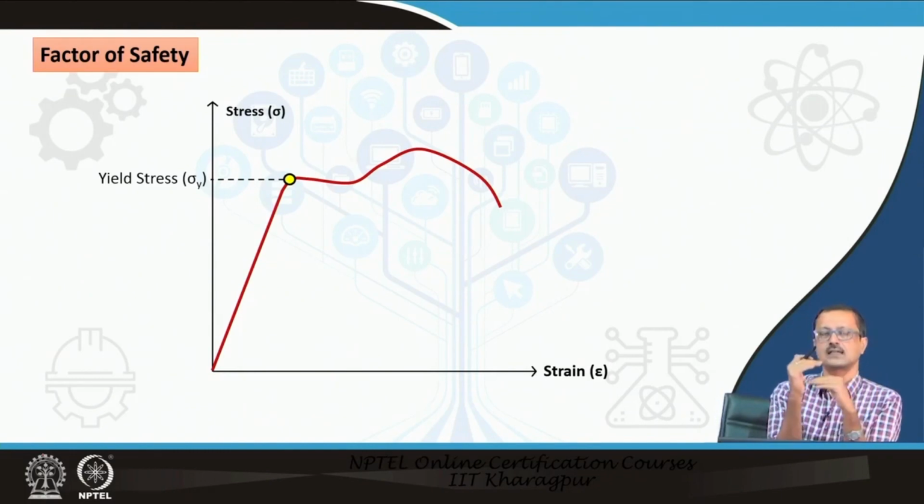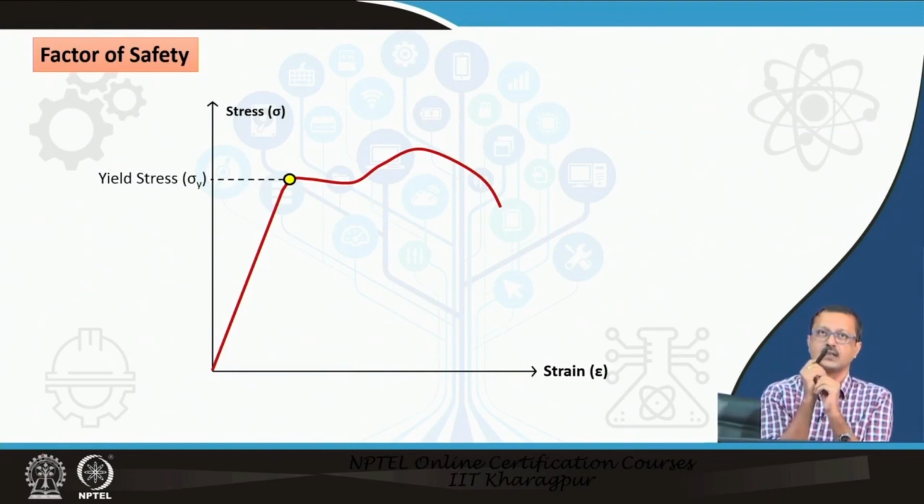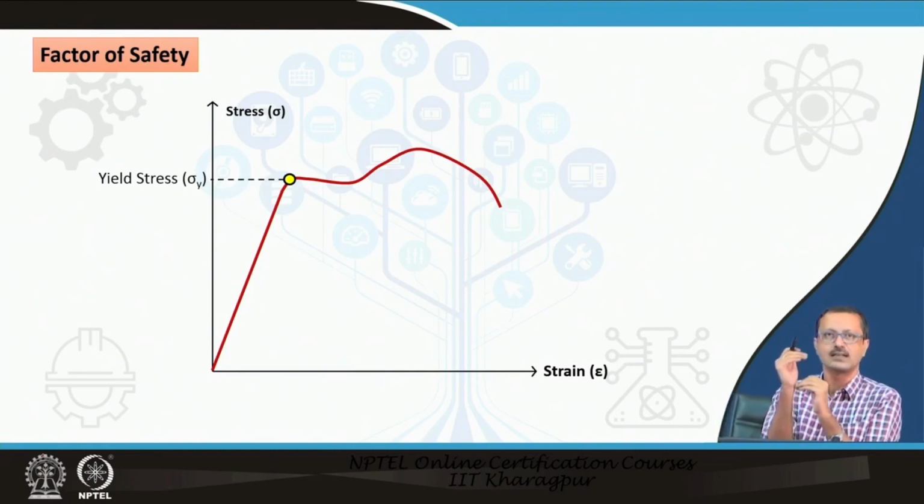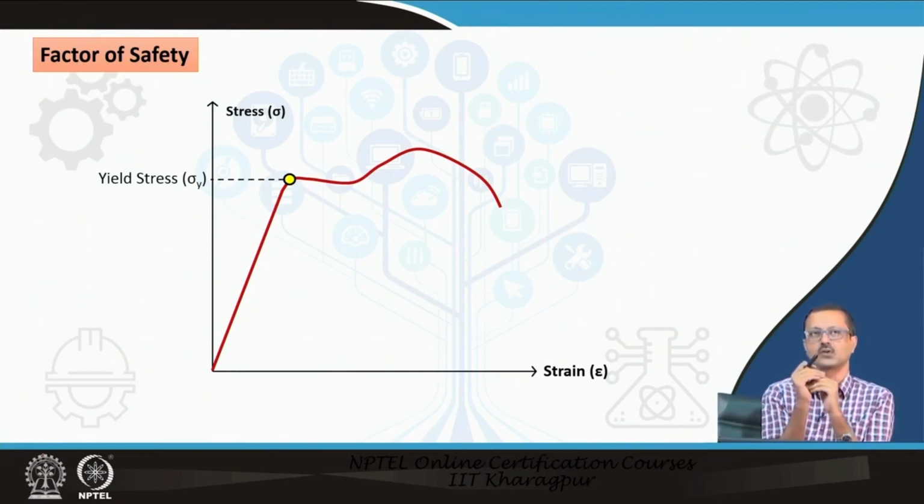So, the yield is the ultimate. We cannot load a structural element in such a way that the internal stress crosses the material yield stress. But even though yield stress is the maximum we can go, we should still have a kind of safety margin.